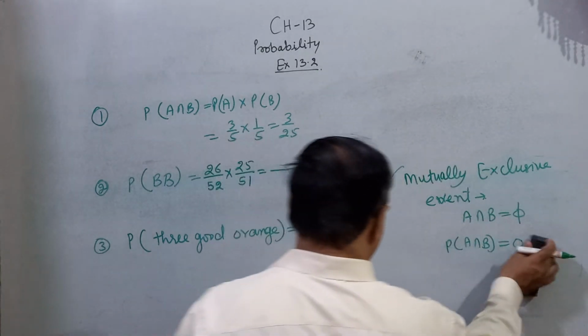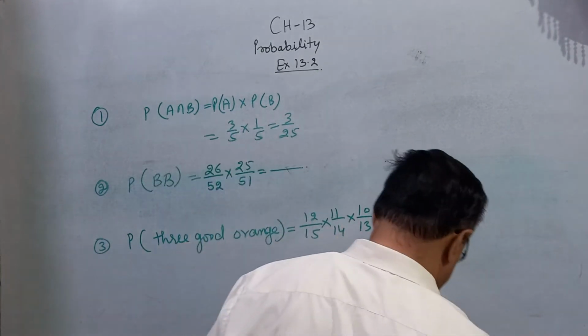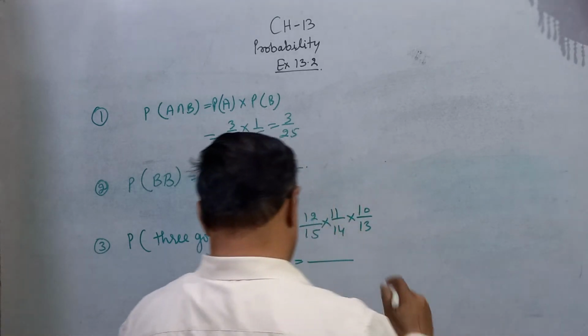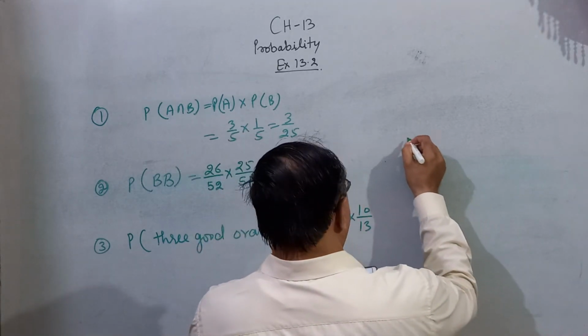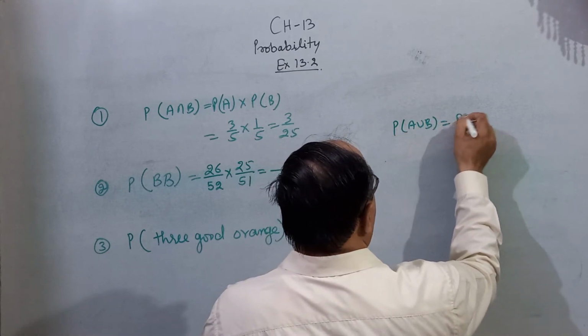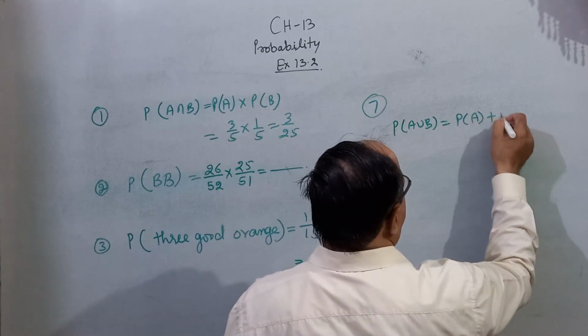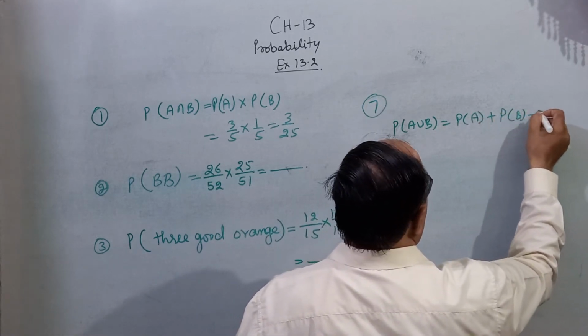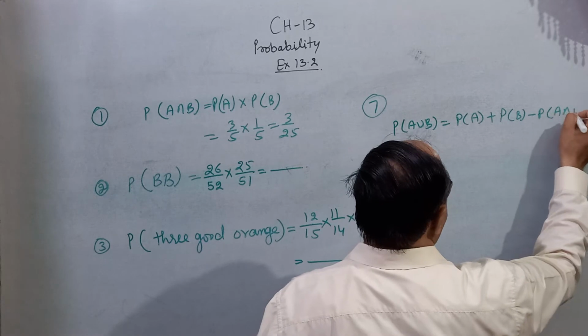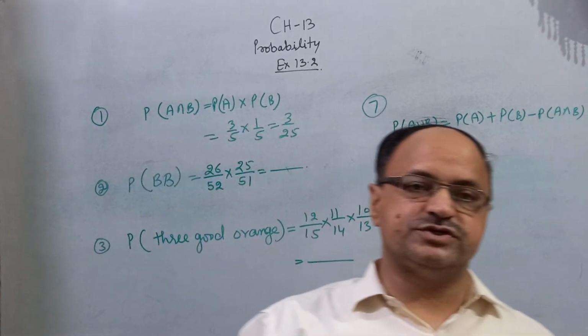Given that, in question number 7, the formula for probability of A union B is probability of A plus probability of B minus probability of A intersection B. And you know that in this question there are two cases.